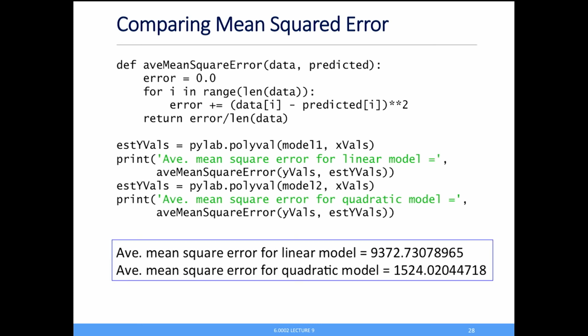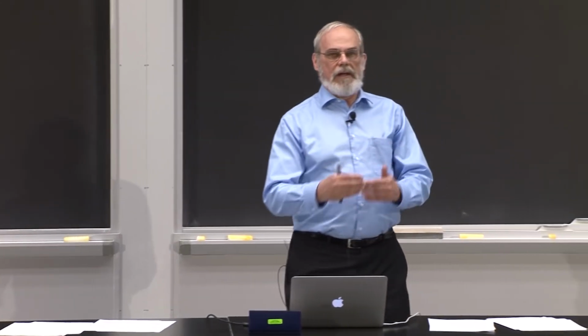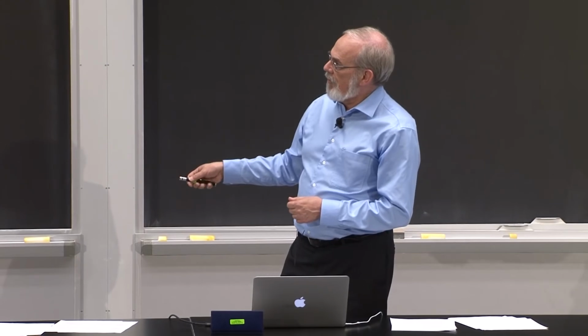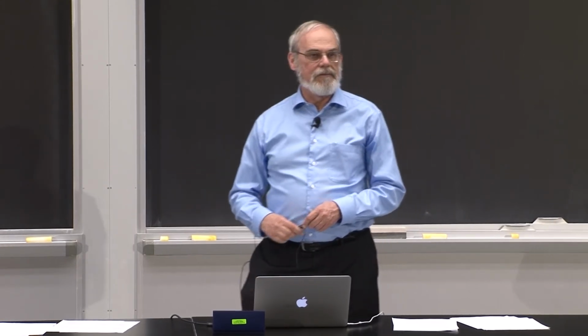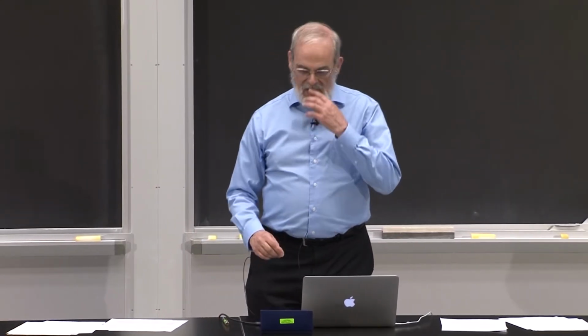And if I run it, I get those values. Looks pretty good, right? You knew by eye that the quadratic was a better fit. And look, this says it's about 6 times better. That the residual error is 6 times smaller with the quadratic model than it is with the linear model. Great.